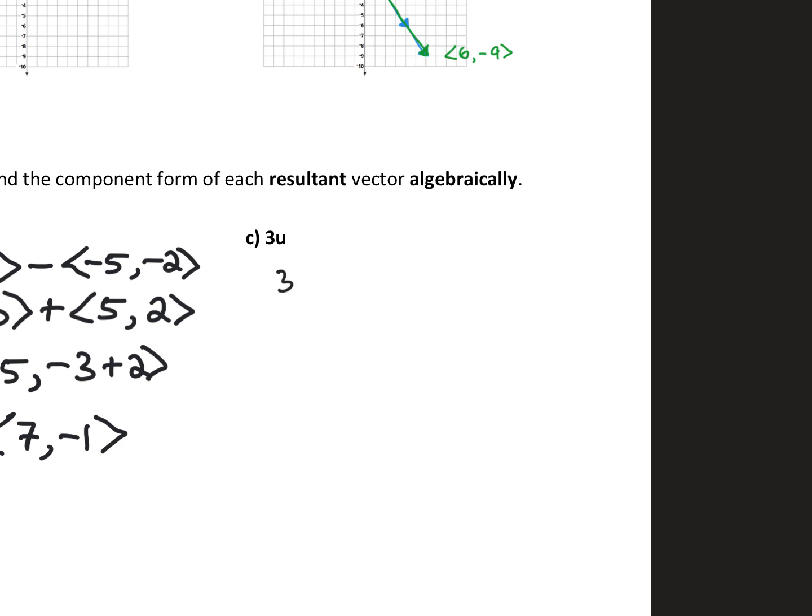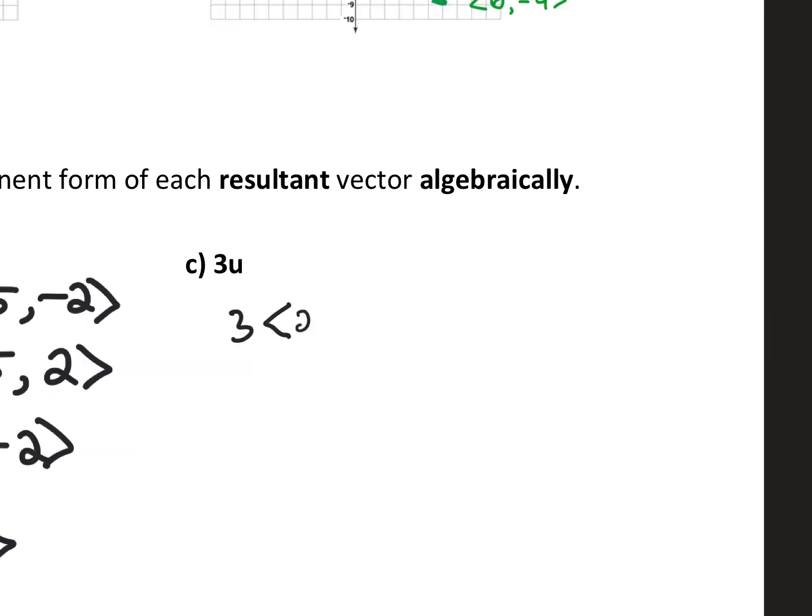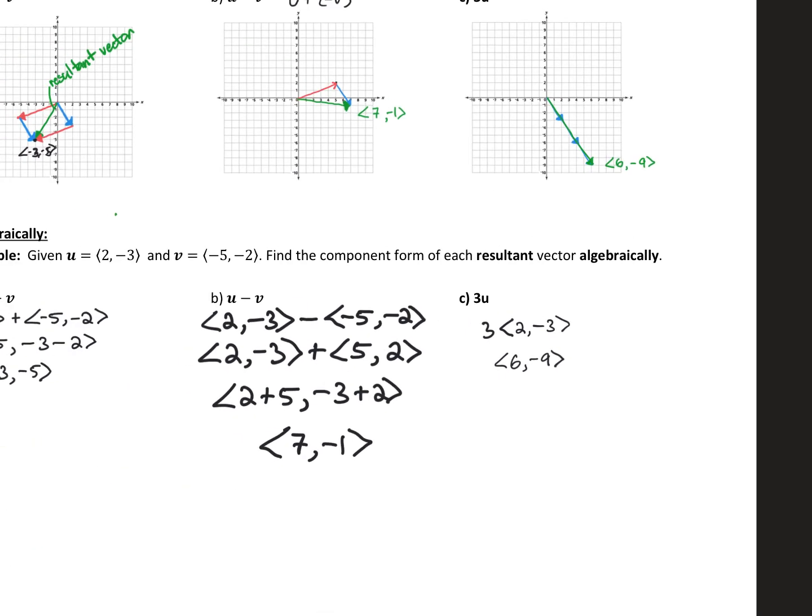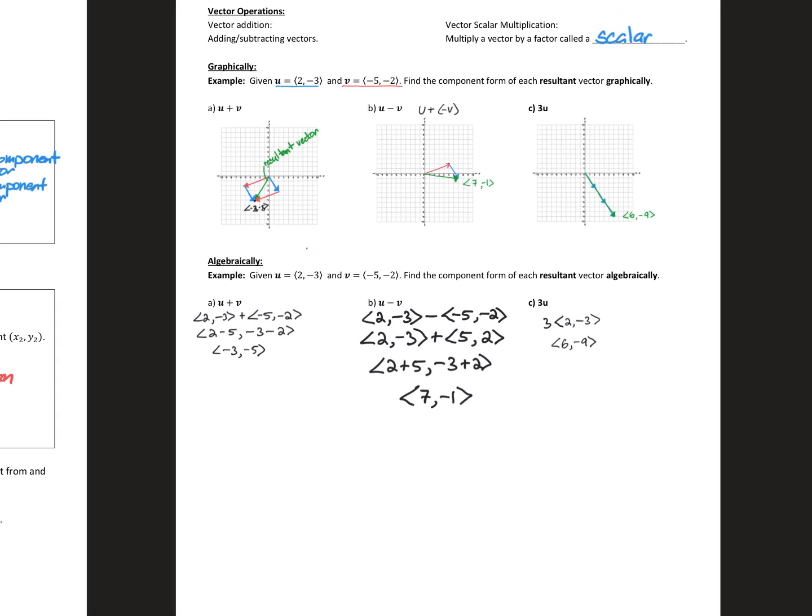I'll show this algebraically as 3 times my vector in component form, 2, -3, and I just multiply that 3 by the horizontal component, get 6, and by the vertical component, get -9. There we go. That does match with what we have above. And we will mostly focus on this in algebraic form, but it's really good to see what's actually happening here because it'll help you understand the connection between the two.